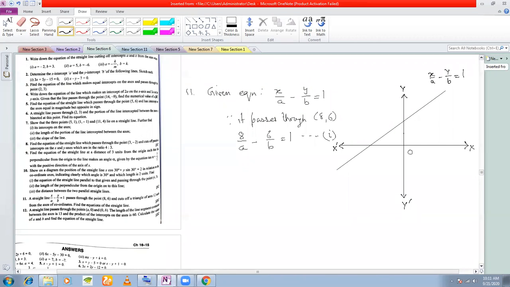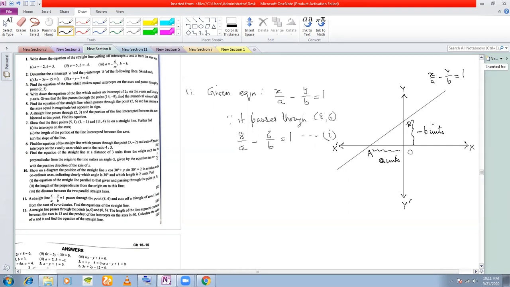So this straight line clearly makes an intercept; let us call this point A and this point B. So this length here is a units, and this length here is minus b units. Both are of opposite signs, so one has to be positive and the other negative. Actually b is negative, so minus and minus will make it positive.